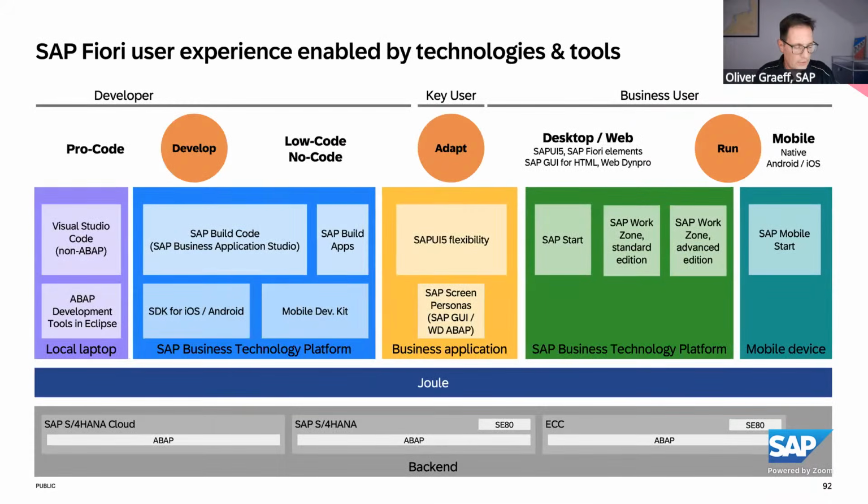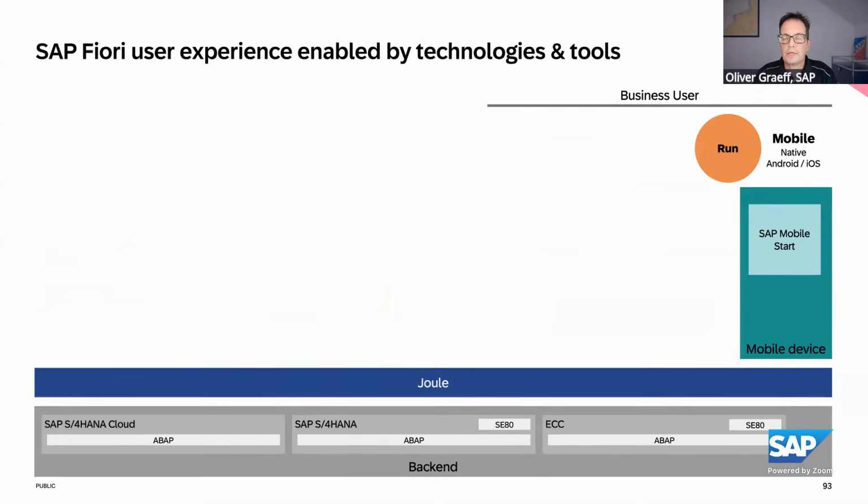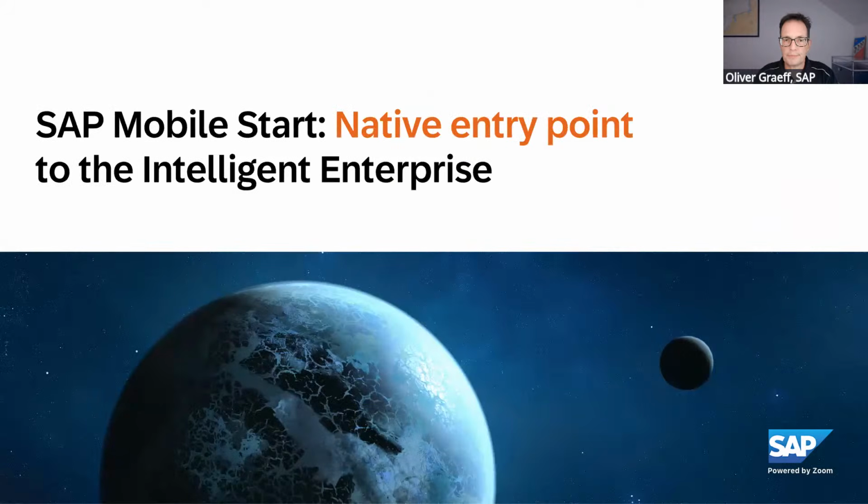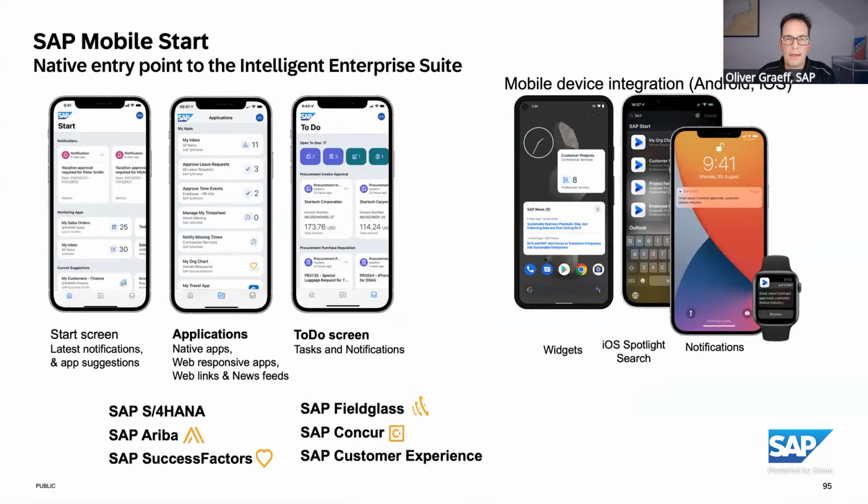Okay, going back to the overview, and we're missing SAP Mobile Start. So now we are again back to the business user calling up applications, and it's mobile, it's native mobile, and it's exactly the equivalent of SAP Start, right?